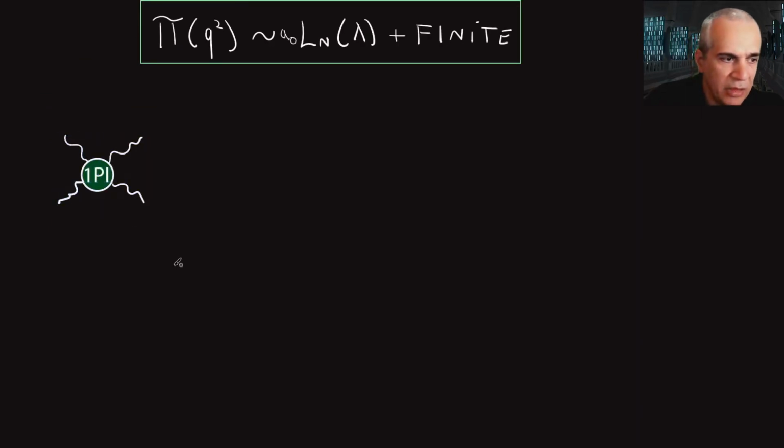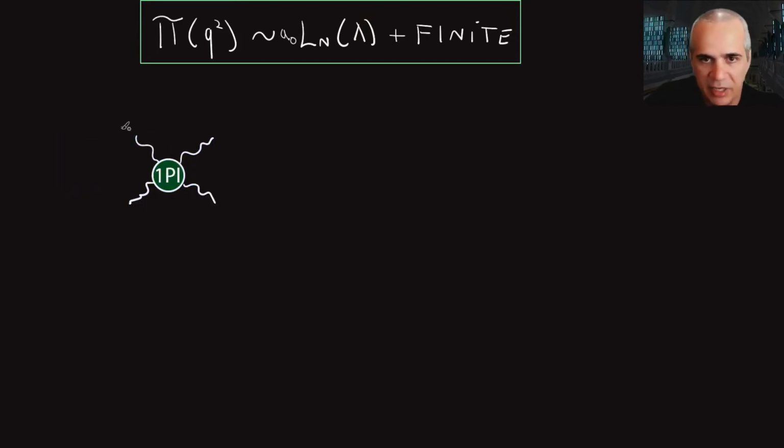And now, of course, this guy will also be subject to Ward identities, right? In particular, we know that we can contract. This has 4 different photon momenta here. I call them K1, K2, K3.